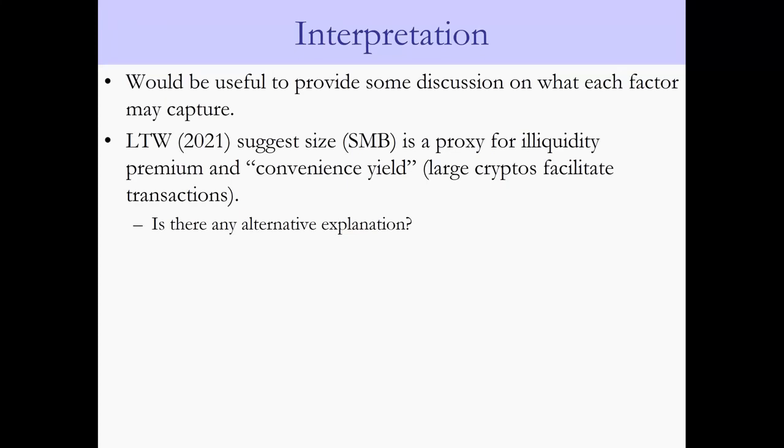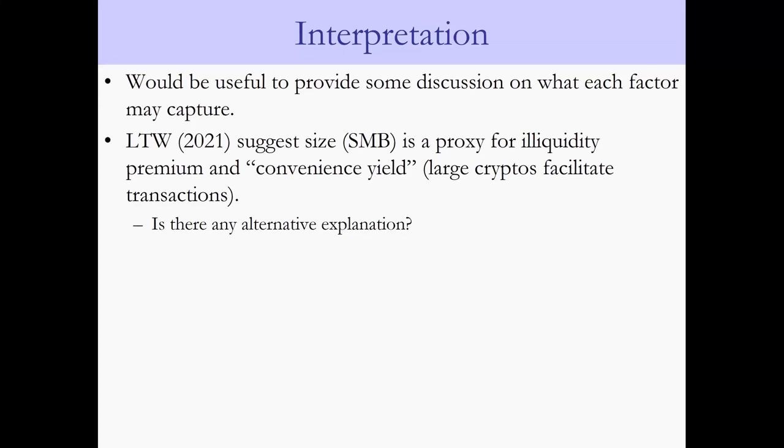Now, I think it'll be useful to provide some discussion on what each factor may capture. I think, as Will mentioned, this is an early stage paper, so they are not getting there yet. But I think giving the reader some intuition of what each factor might capture would be useful.